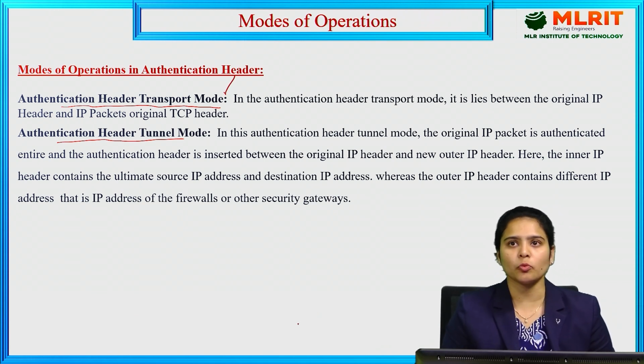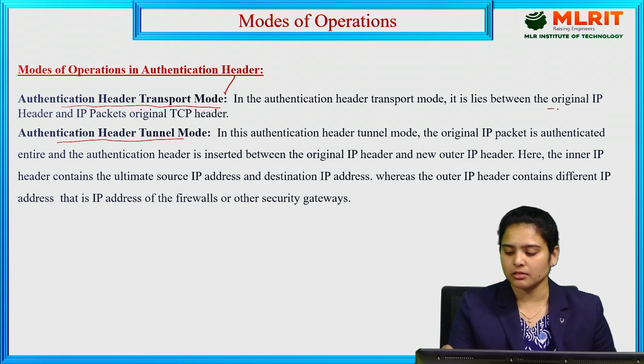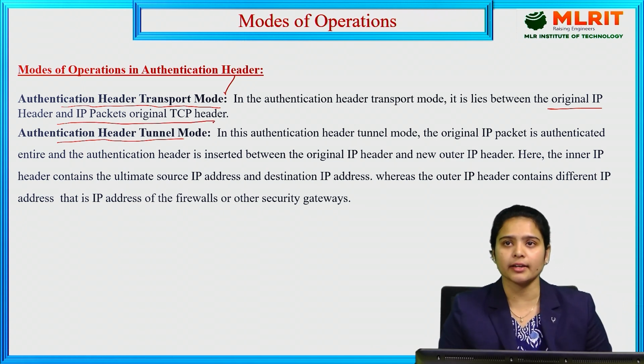In transport mode, the authentication header lies between the original IP header and the original TCP header, that is, the Transmission Control Protocol header. It lies only between these two.